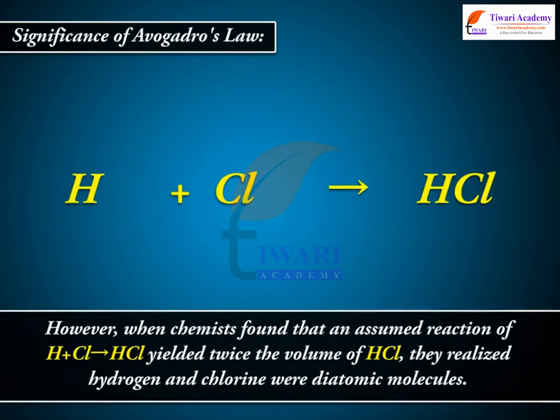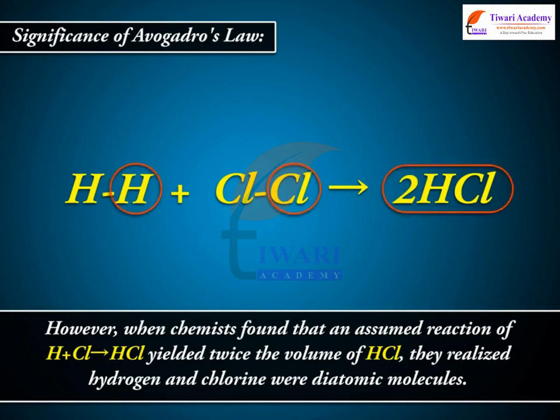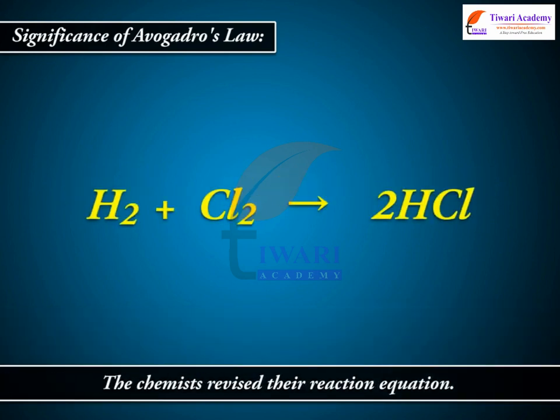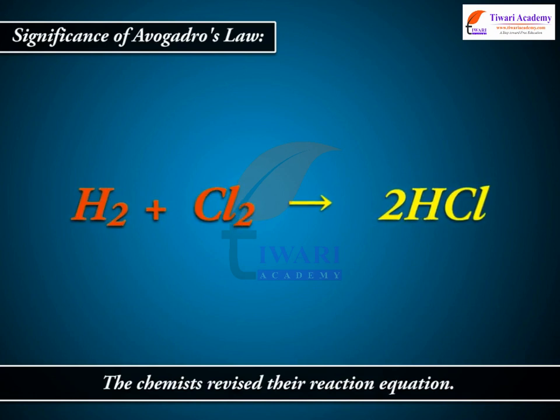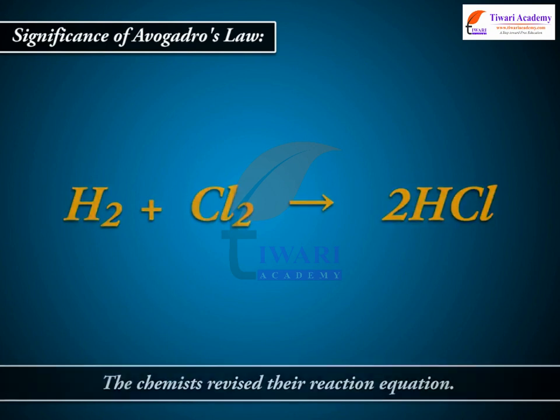However, when chemists found that an assumed reaction of H plus Cl giving HCl yielded twice the volume of HCl, they realized hydrogen and chlorine were diatomic molecules. The chemists revised their reaction equation to be H2 + Cl2 gives 2HCl.